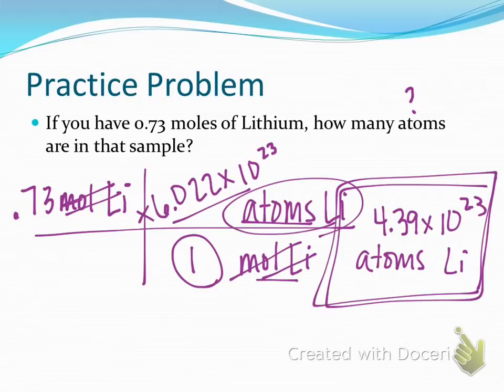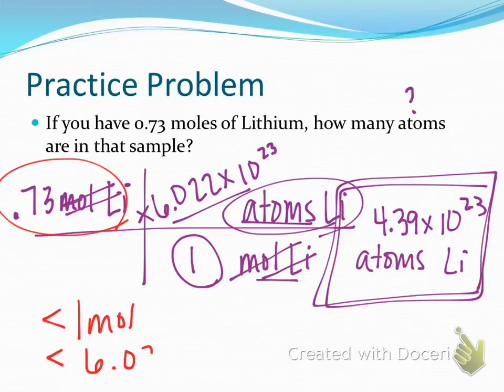Okay, so now this one's a little bit more difficult to check. Is our answer reasonable or not? Okay, we started with more than 1 mole or less than 1 mole. We started with less than 1 mole. So our answer should theoretically be less than 6.022 times 10 to the 23rd. Is this less than 6.022 times 10 to the 23rd?